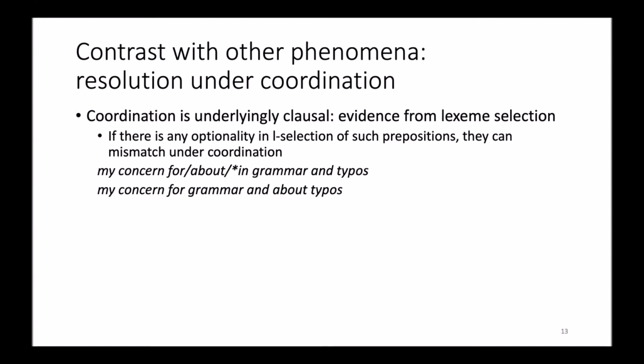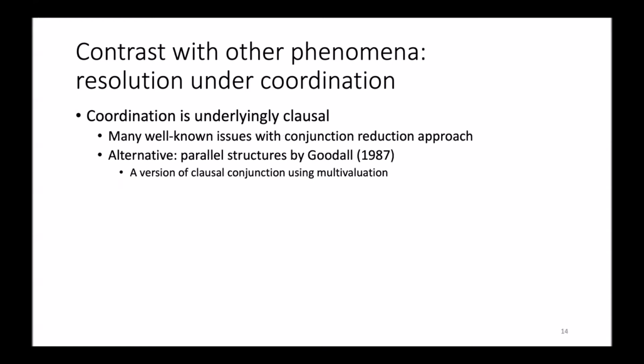So what this data shows is that there is some kind of relation between the selecting noun, in this case, as well as both of the conjuncts. So this really shows that underlyingly the size of the conjunction is bigger than what we have on the surface.